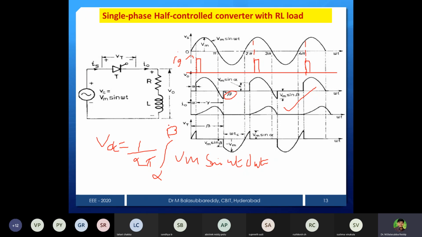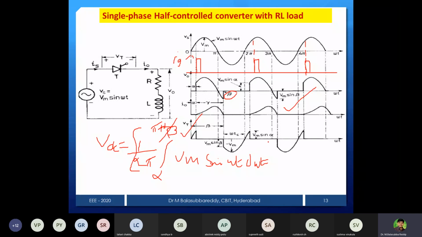Earlier, instead of beta we used pi for the R load. For the RL load case there is a continuous mode of operation and a discontinuous mode of operation. For the continuous mode of operation you replace beta by pi plus alpha, and you get the average output voltage for continuous mode. If you use beta, you get the average expression for discontinuous mode.